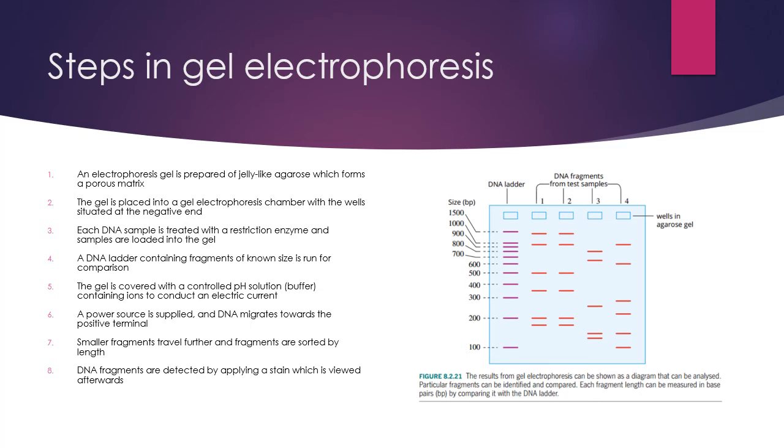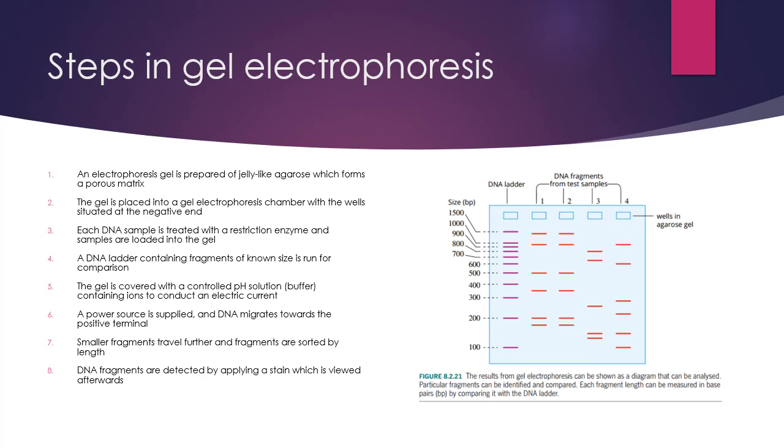So there's going to be the wells on one side, which is where you're going to load your DNA samples, and they're going to migrate towards the positive end of the electrophoresis chamber. Because of the charge of DNA, they're going to naturally want to move to that positive end.